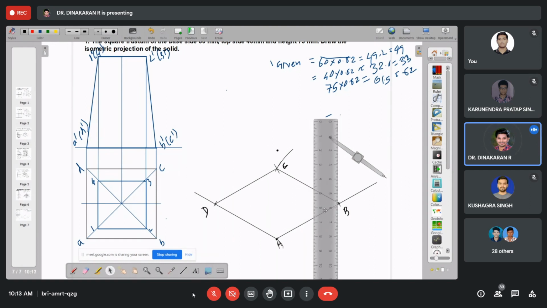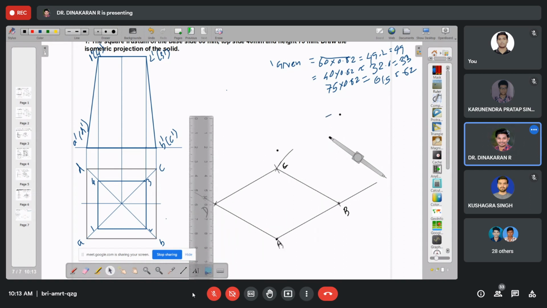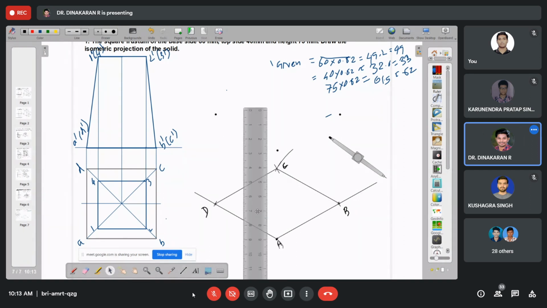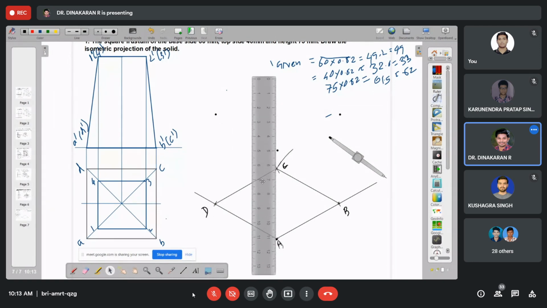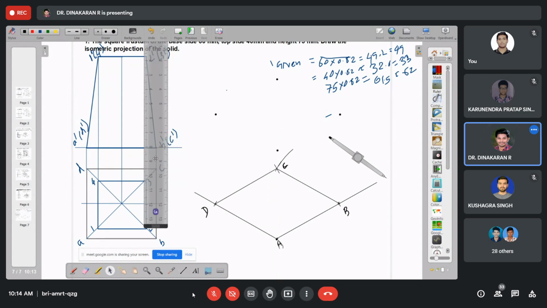So from B point, from each point we'll make a square, because the same square we also need to make on top. Check if I'm marking the dimension correctly or not. I marked the 62 correctly.